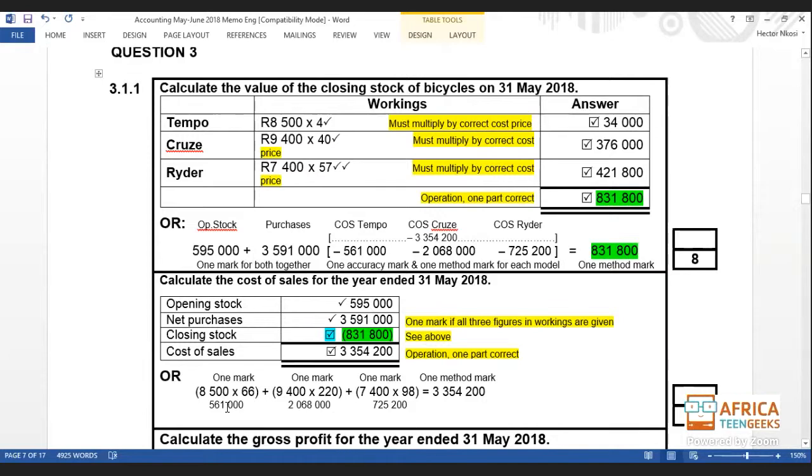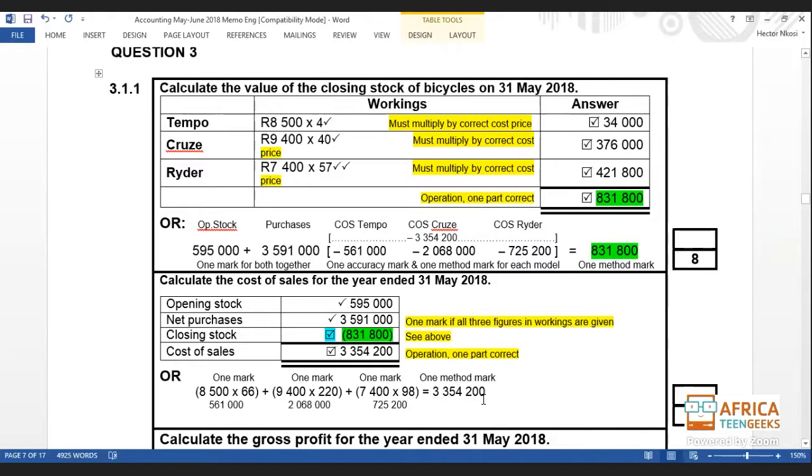Now, boys and girls, what other methods could you have used here? You could have said, okay, 8,500 times 66 is this, 9,400 times 220 is that, 7,400 times 98 is that. You could have done your cost of sales like that. Basically, you could have just multiplied all the units in each product that you have sold by its cost price and added all 3 of them.